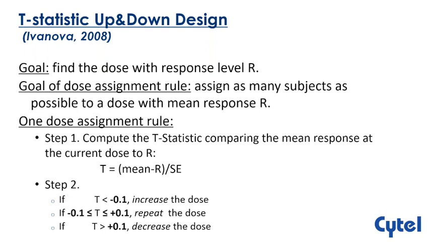You don't want it to get stuck. And so that's why it's small. I've run simulations using 1 instead of 0.1, and it does get stuck sometimes at a dose that's close, but not the right one.